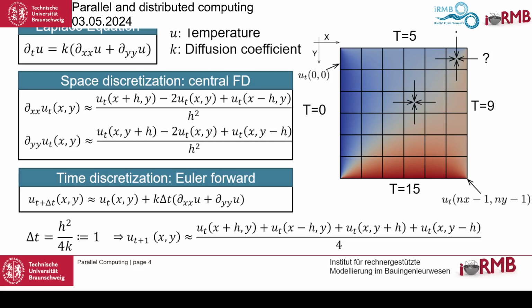We can just choose our time step such that everything here drops out, and we can simply write it like this. By the way, in here there would usually still be 4 times ut, minus 4 times ut, but because there is this ut here without 4 times, it's dropping out.